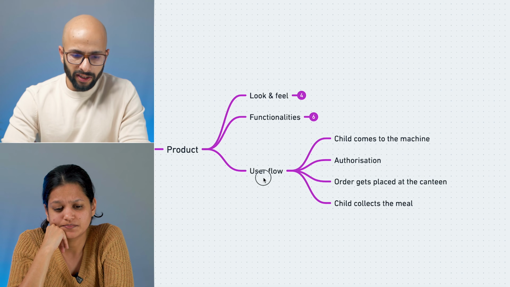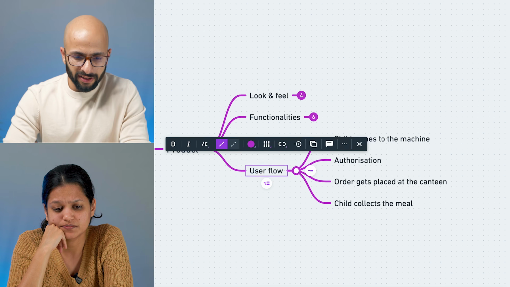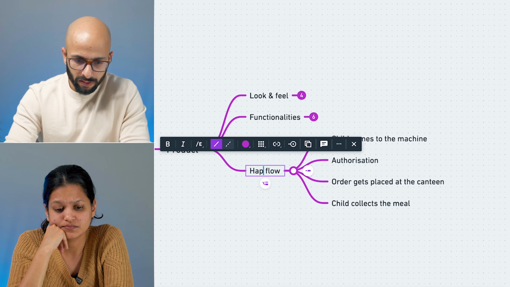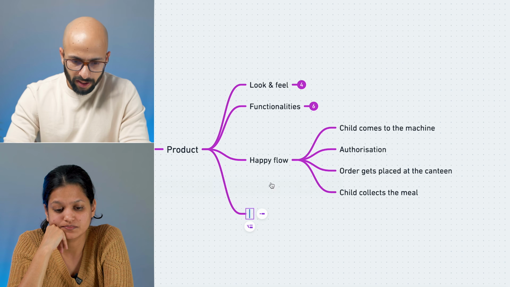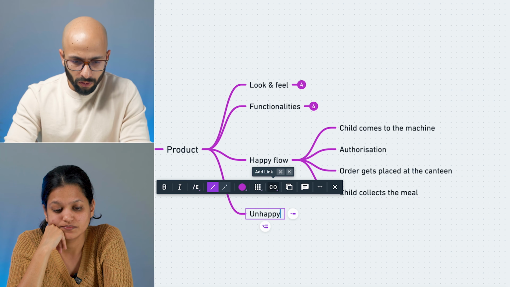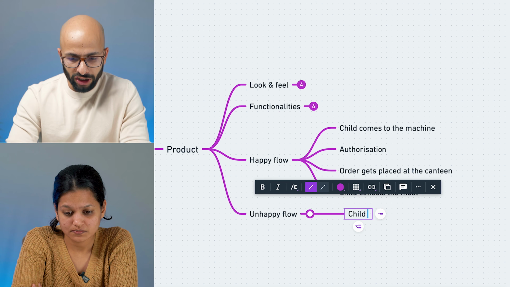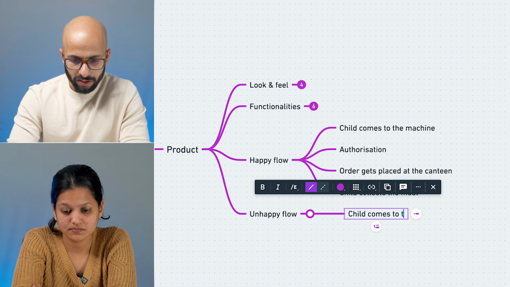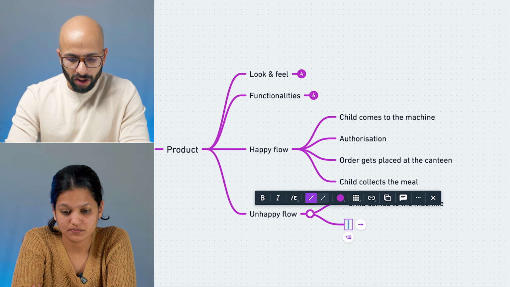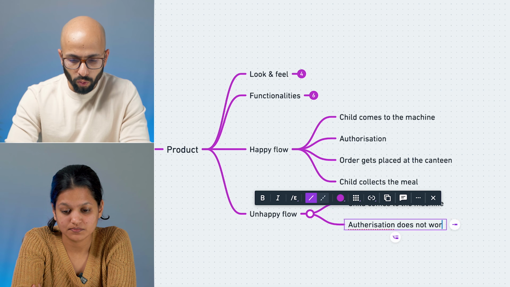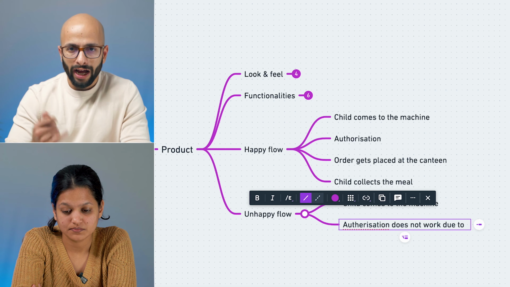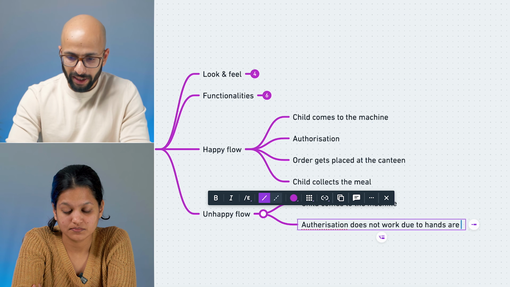All right. So let's say that this is the happy flow, right? In an unhappy flow, let's say the child comes to the machine, authorization does not work due to wet hands.